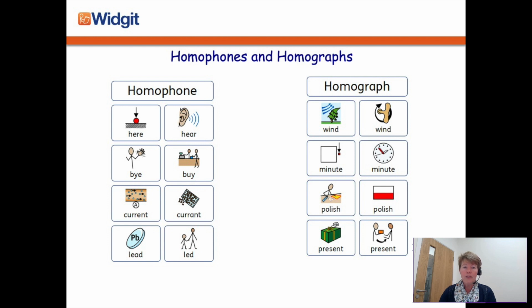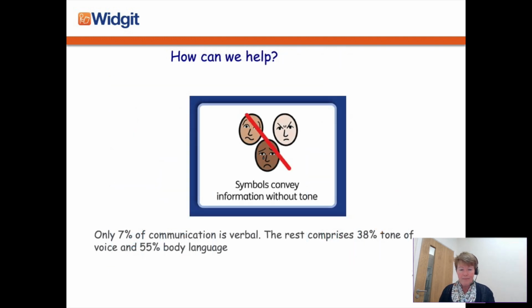And I know lots of schools that will produce homophone dictionaries for children, again, those EAL children, but I think it applies to all of the class. And the next one, please.